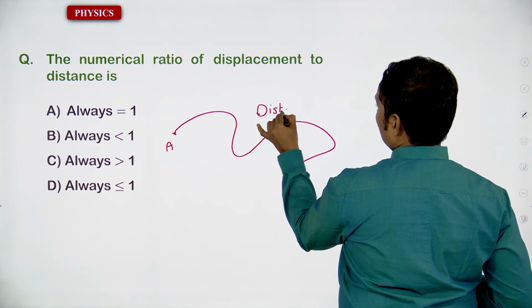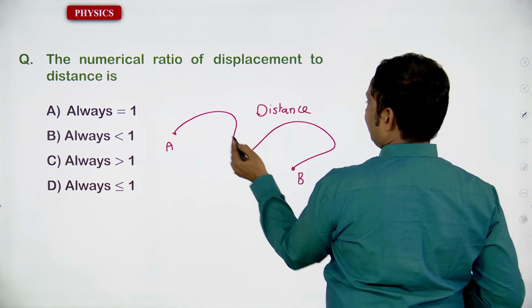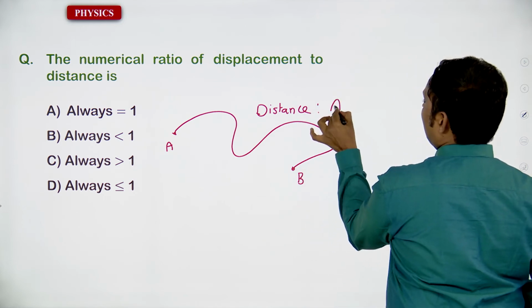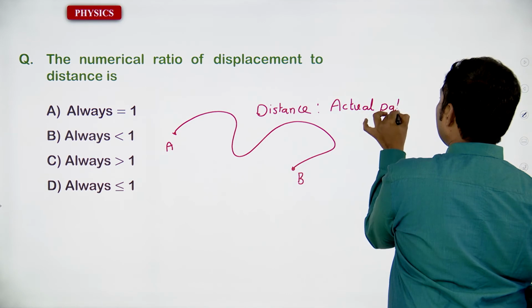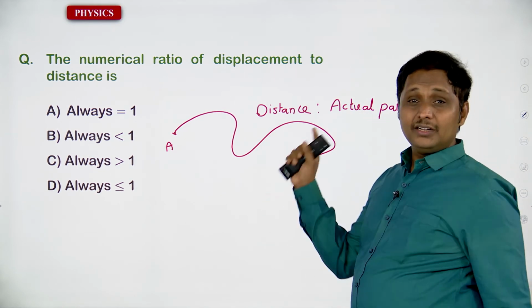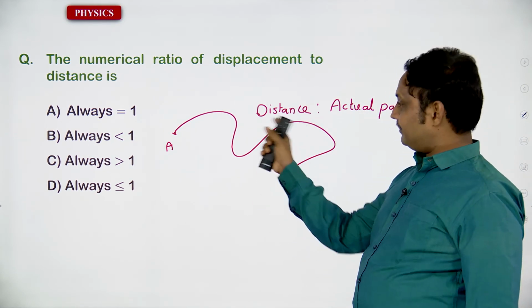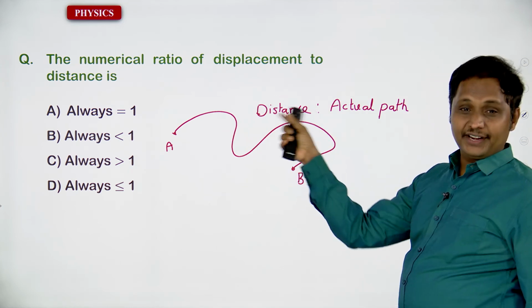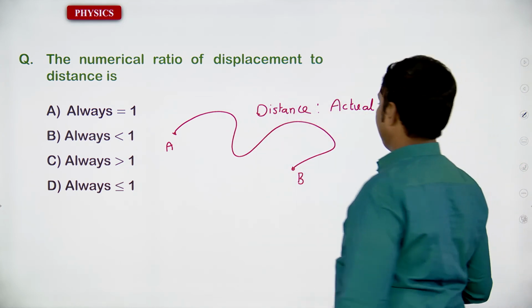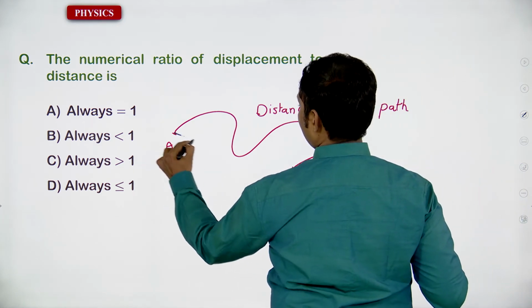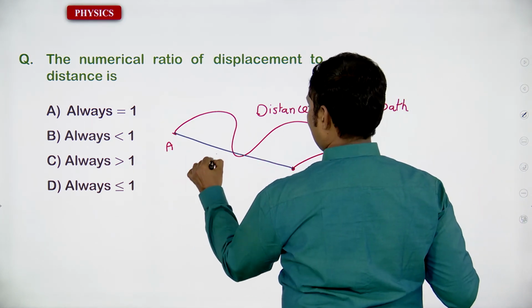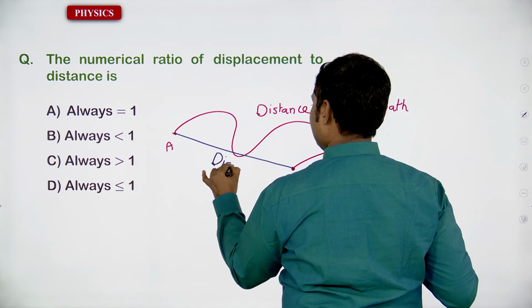Distance is the actual path followed by the body. Yes, actual path. We have to consider this. Let's assume you would like to confirm that is going to be the displacement.